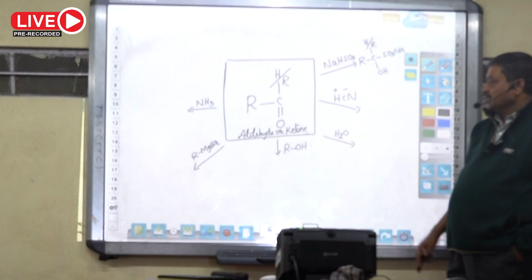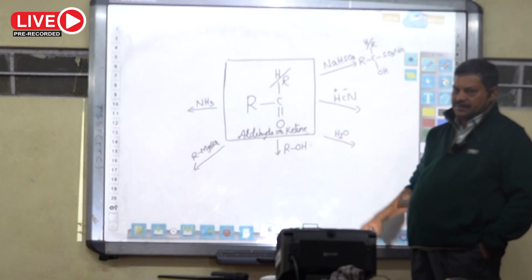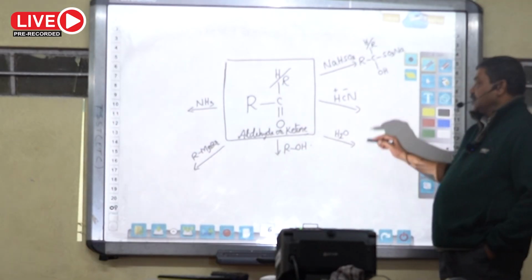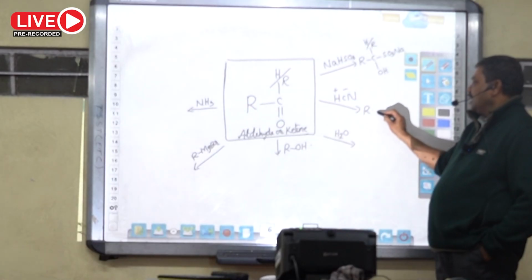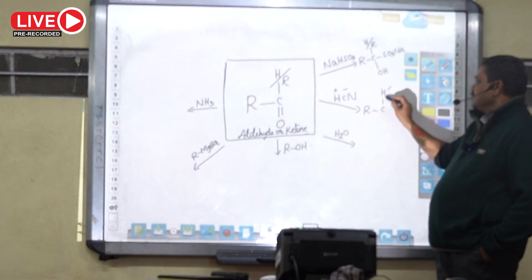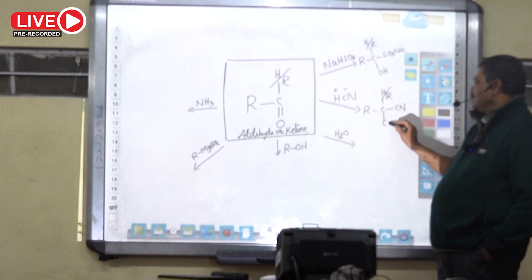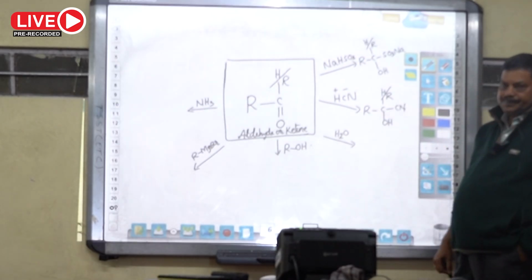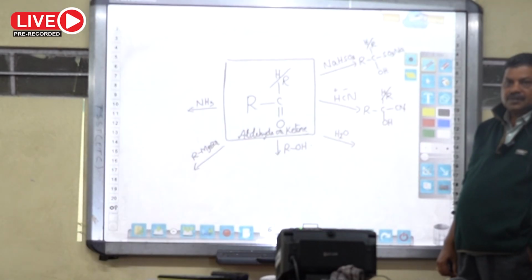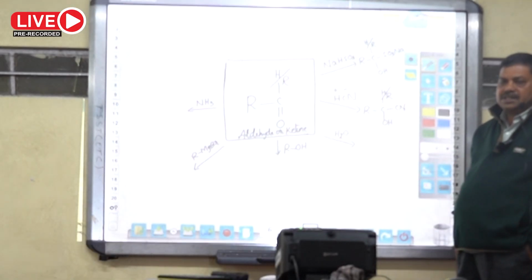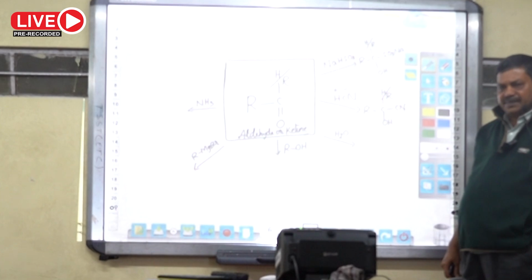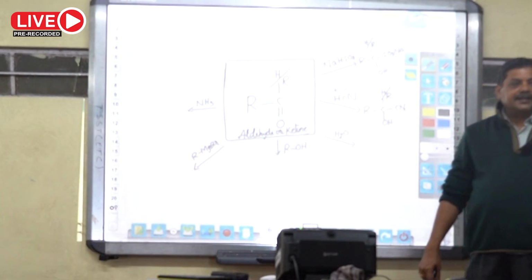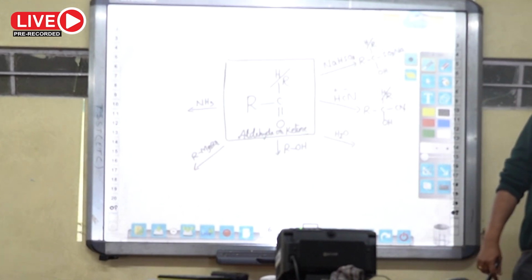CN minus. That will add to the carbonyl carbon. So the product is RCH/R CN OH. The name of the first compound is aldehyde sodium bisulfite or ketone sodium bisulfite.